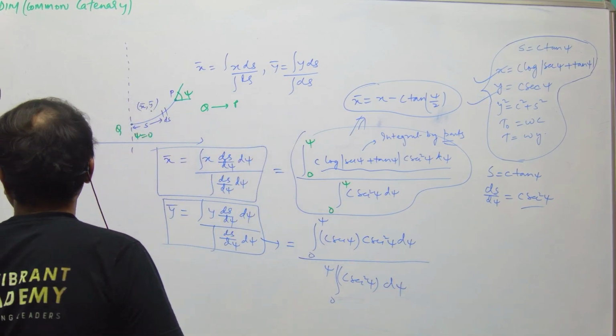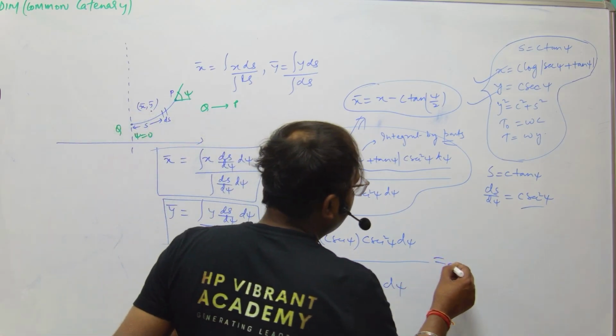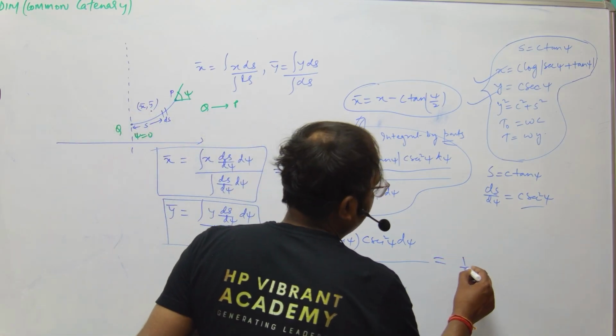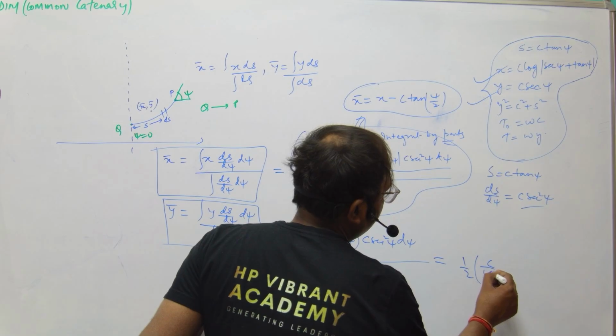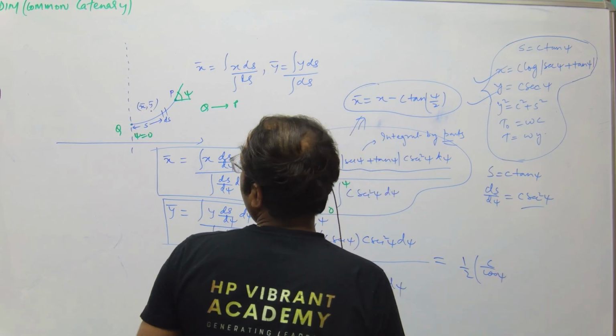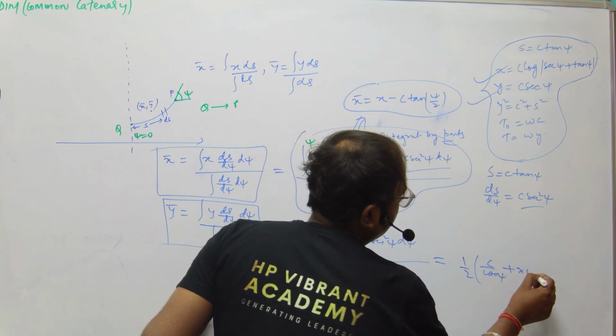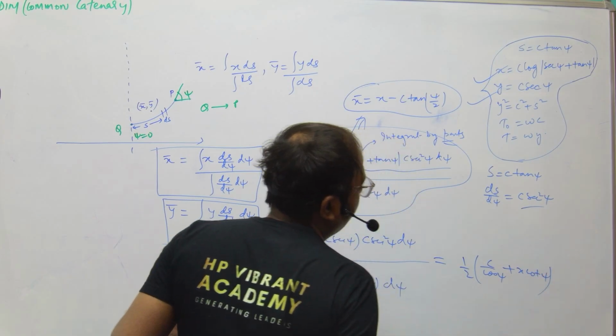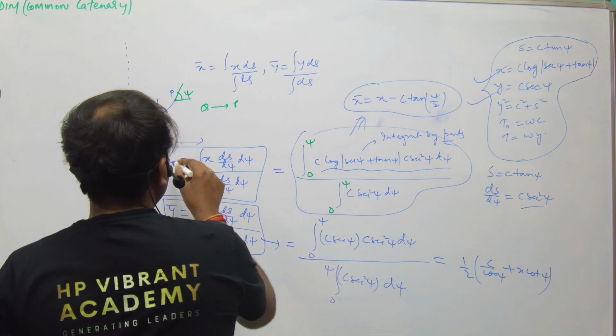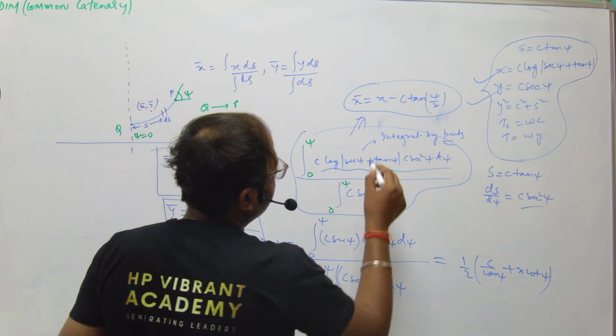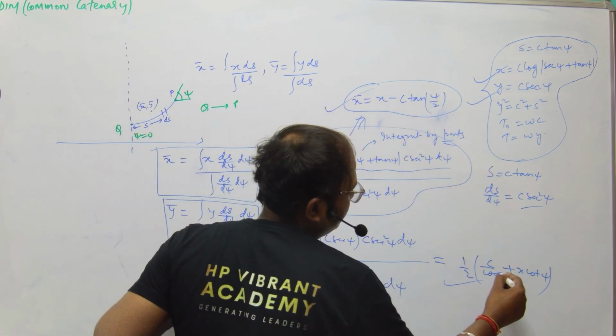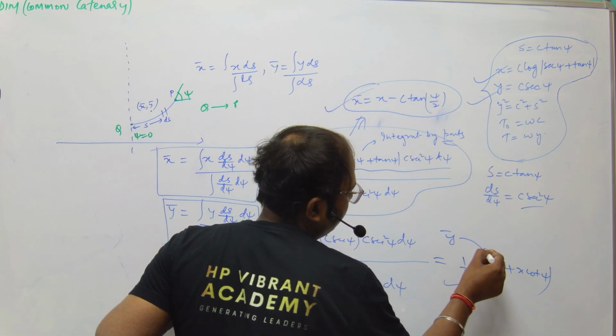On simplification we will get y bar equal to half of C upon cos psi plus x cot psi. So the position of the center of gravity is given by this expression for x bar and this expression for y bar.